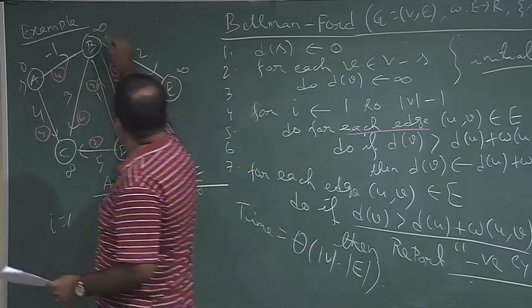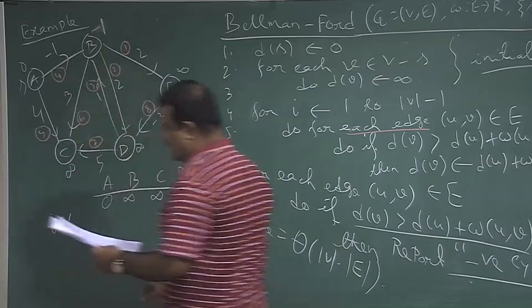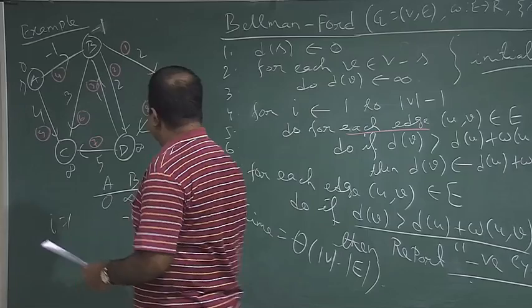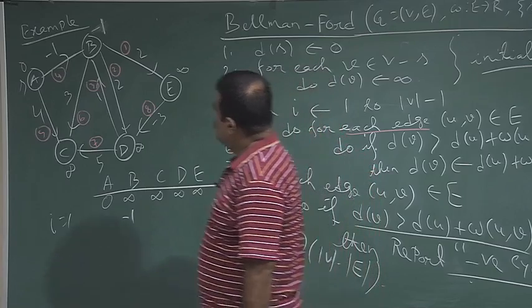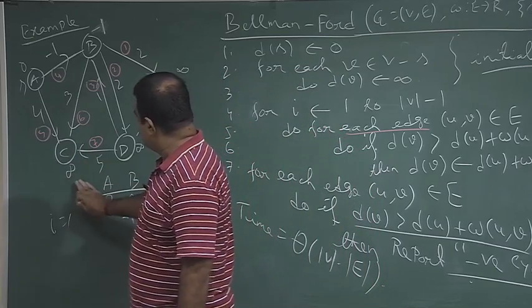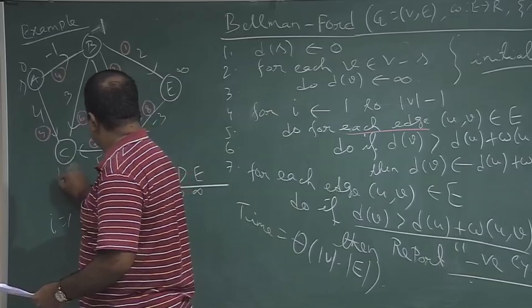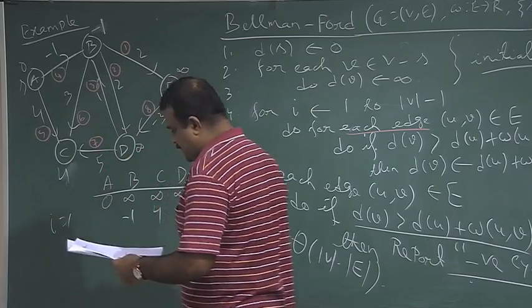So this will become minus 1. Then edge number 5, this will become plus 4. This is C, so this will become plus 4.